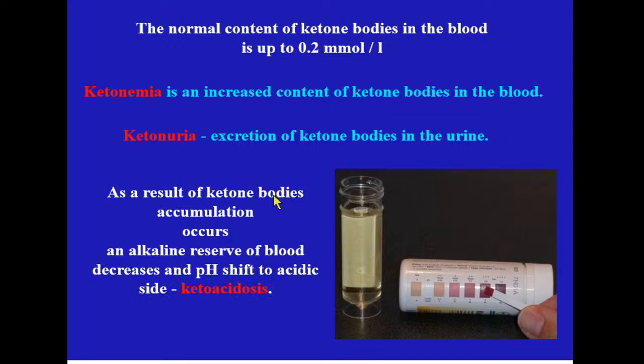And as a result of ketone bodies accumulation, the alkaline reserve of blood decreases and pH shifts to the acidic side. If beta hydroxybutyrate, acetone and acetoacetate are present in our blood for a long time, the pH of blood can be changed.